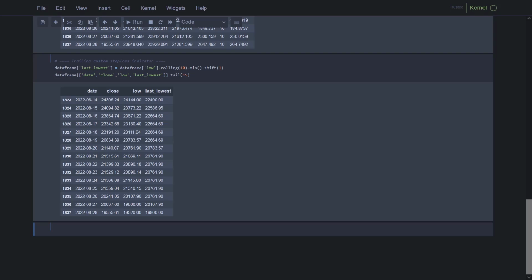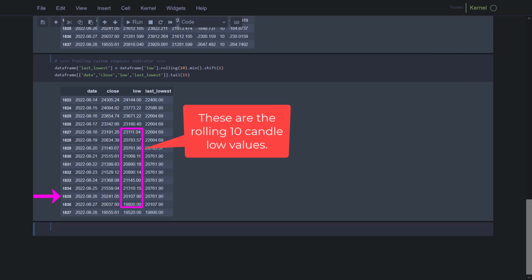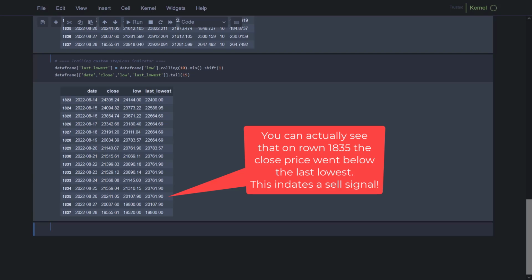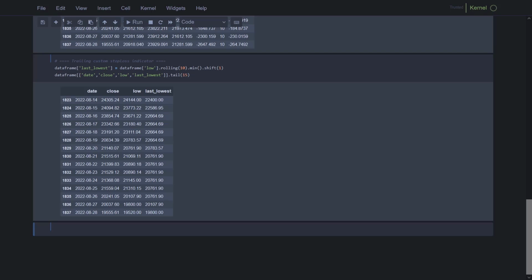So here in this notebook cell, you can see that the lowest value on row 1835 was found over the last 10 values, and then entered into the lowest low of row 1836. So if the close price would get below that value, then there will be an exit signal and the bot would close the position. I hope you understand what I mean. Now let's continue with the code.